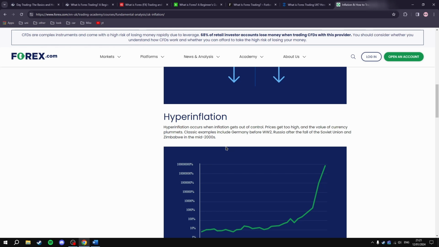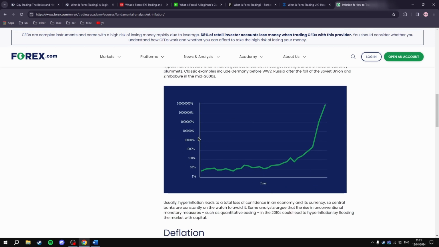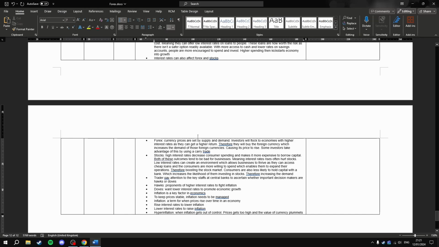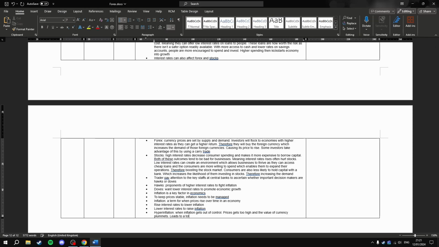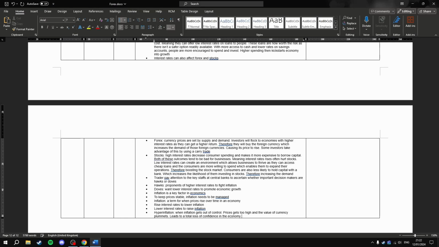Classic examples include Germany before World War II, Russia after the fall of the Soviet Union, and Zimbabwe in the mid-2000s. Usually hyperinflation leads to a total loss of confidence in an economy and its currency.